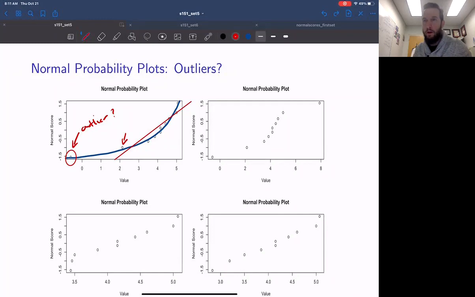This farther point, I would still suggest as being a potential outlier, even if we have this second point here, because it is quite far from the bulk. But the question of linearity does come into play due to these two outlying observations.